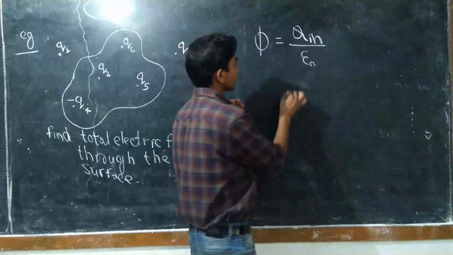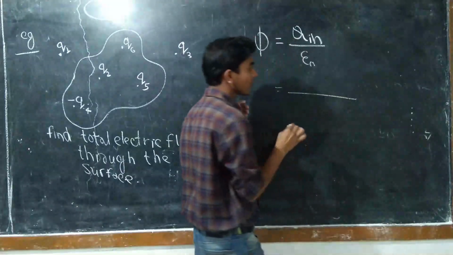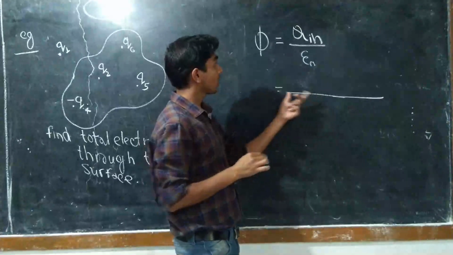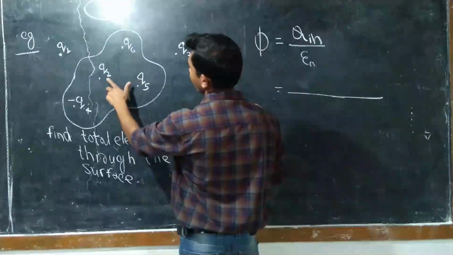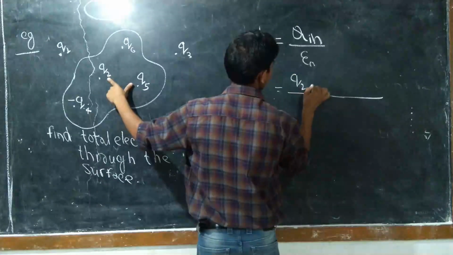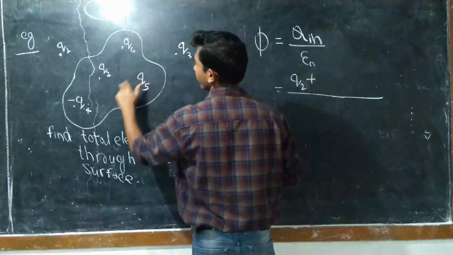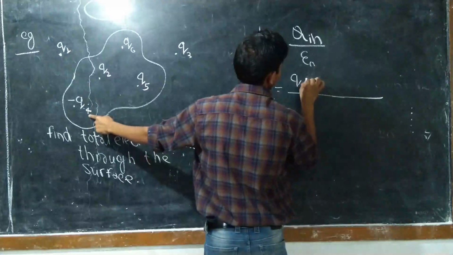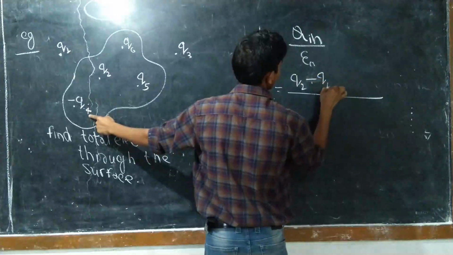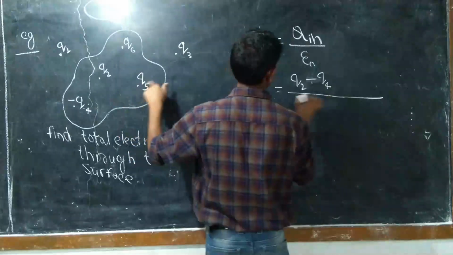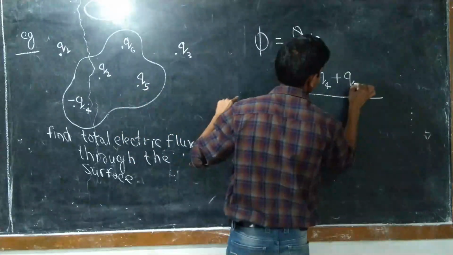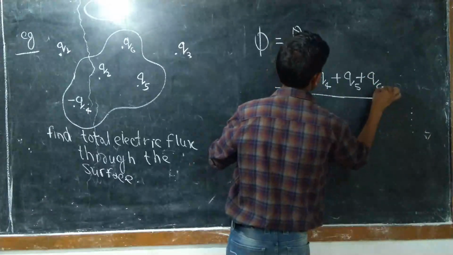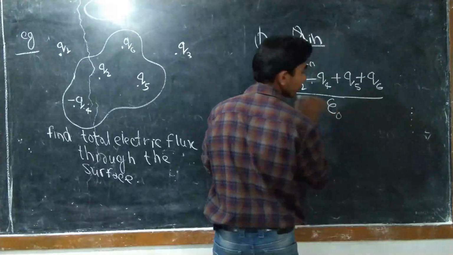Q in is the net charge enclosed by the surface, so the net charge is Q2 plus minus Q4, Q5 and Q6, and in the denominator epsilon 0 will come.